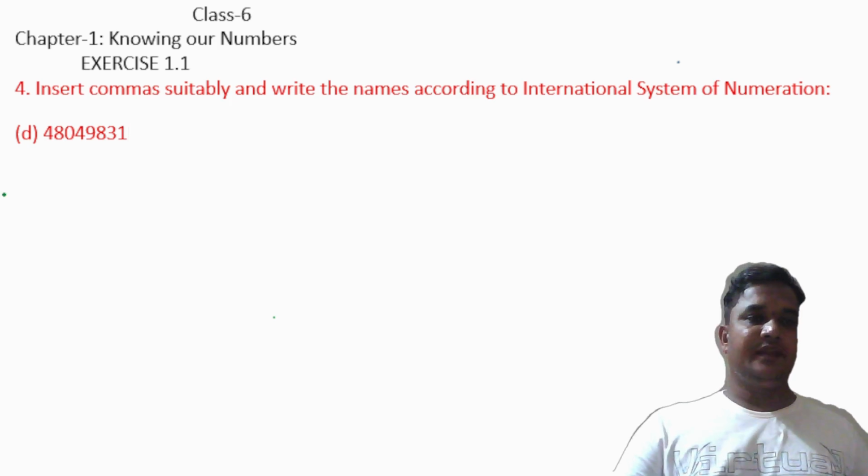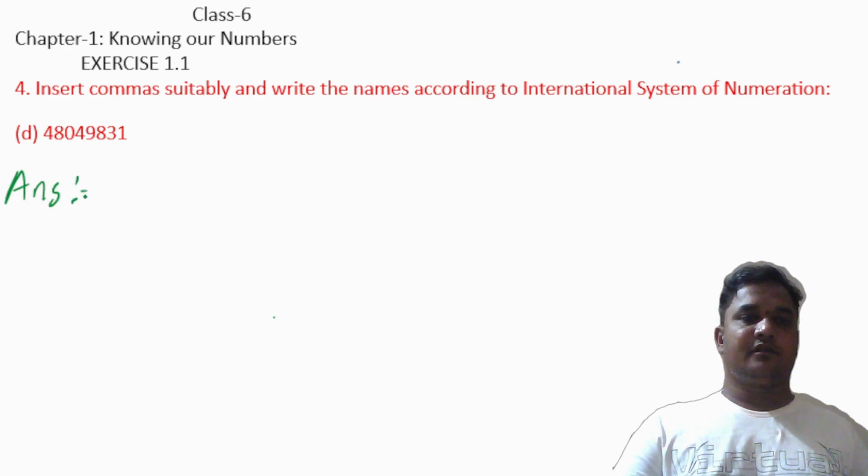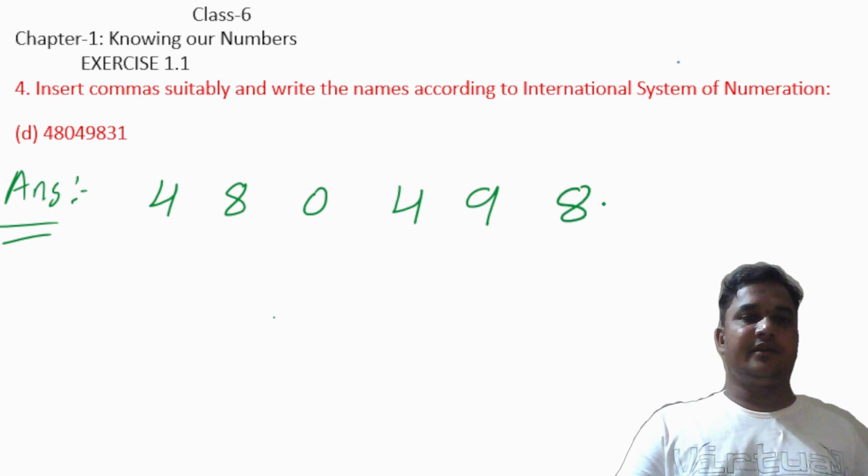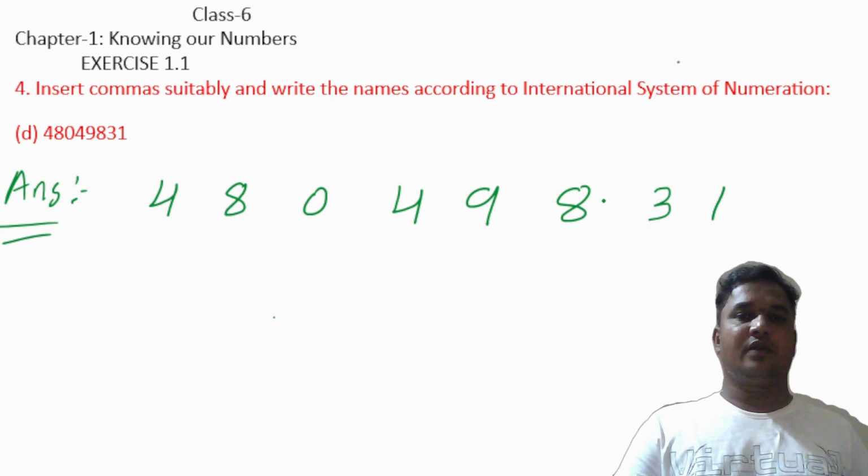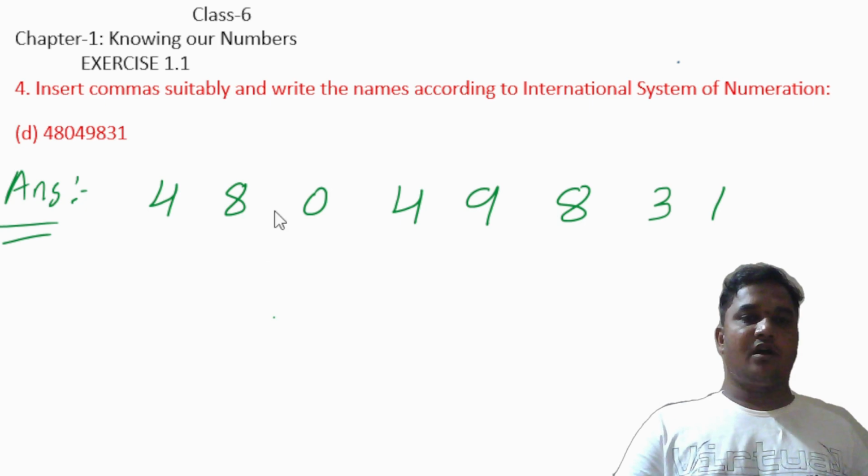So similarly, firstly I write the given question: 48 04 983 1. As we know, we have to place the commas after every 3 digits. So I won't place the commas first. First I will write the place values according to the international system.